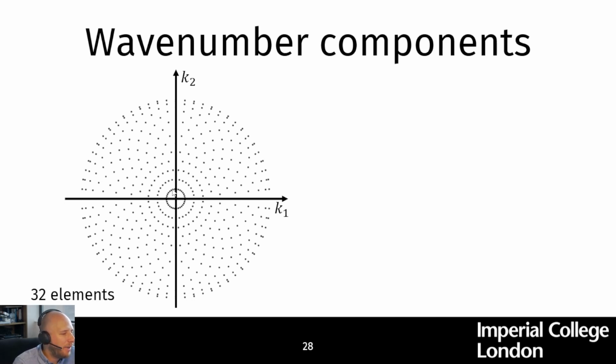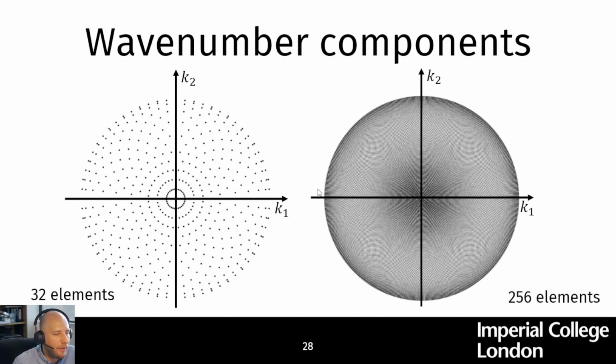You can see maybe they're getting points very close together at the inside, also getting close together at the outside in that radial direction. The spacing becomes a bit more obvious if you look at 256 elements. You can see here that towards the edge you get a lot of sampling, towards the center it's a bit sparser in the middle.